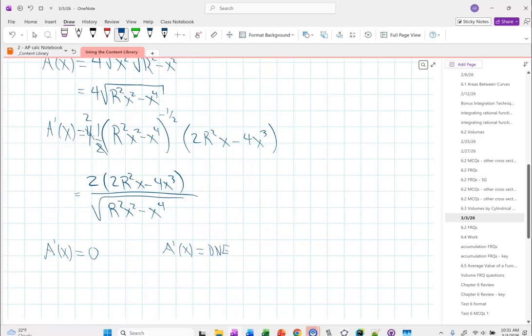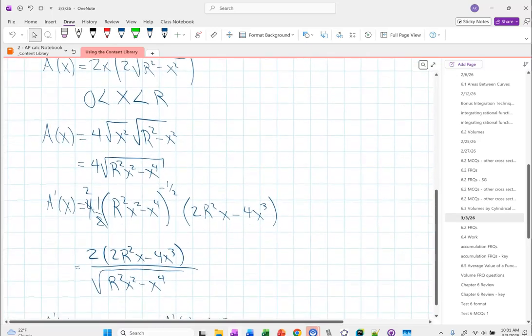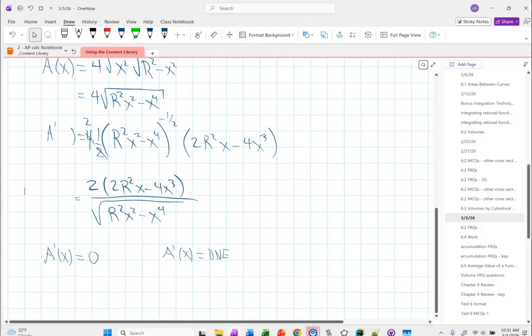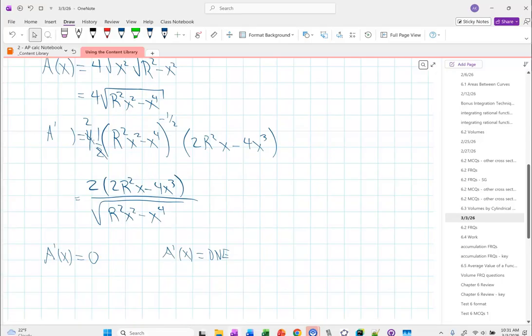So the nice part is, if x is stuck between 0 and r, this part can't be negative, because r squared times x to the 4th can't be negative, because x to the 4th can't be bigger than r to the 4th. Great. And it can't be 0, because the only places this would be 0 is if both the x's were 0, which can't happen, or both the x's were r, can't happen because of the domain. So there's no place where the derivative fails to exist that's inside of the domain for A.